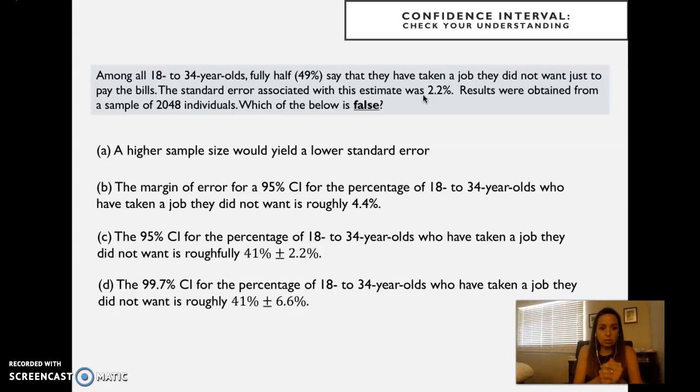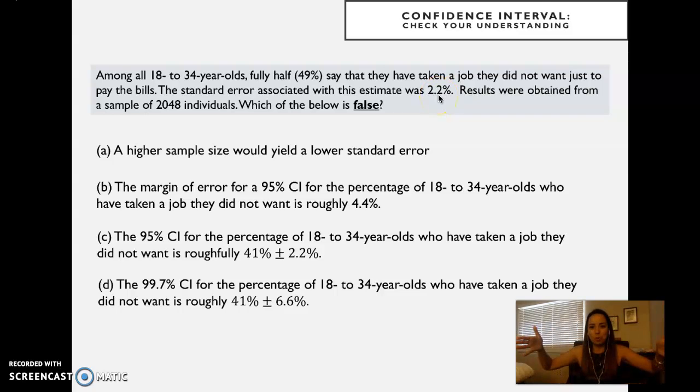B: The margin of error for a 95% confidence interval for the percentage of 18 to 34 year olds who have taken a job they did not want is roughly 4.4. If you thought true, you're right, because the margin of error is the mean plus or minus 2.2.